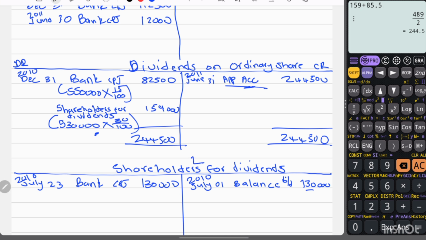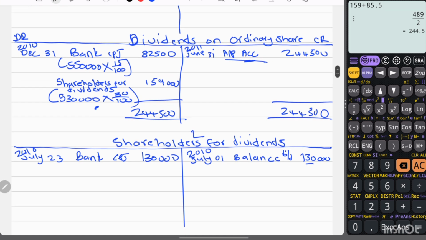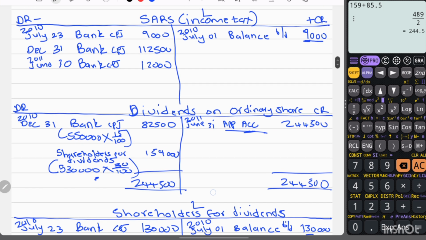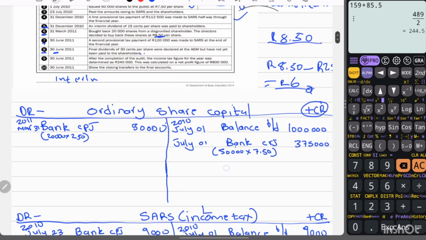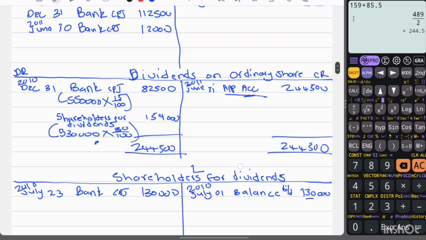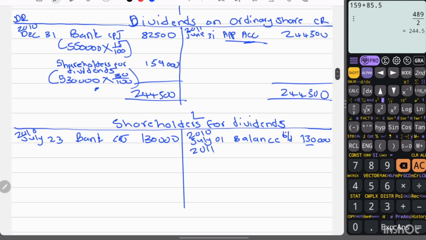This one is a liability for the company, so that means on 30 June 2011, I'm owing.